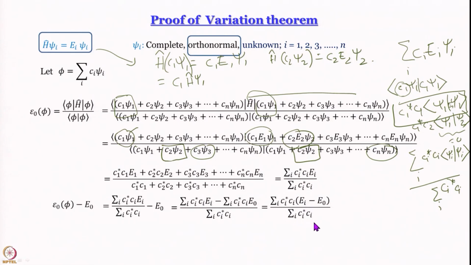Now, please remember what E0 is. E0 is our definition of ground state energy. What is Ei? Ei is the energy of some excited state, for i not equal to 0. So will you agree with me that Ei minus E0 has to be positive, or at most 0 when i equals 0, because the energy of the ground state is the lowest, right.